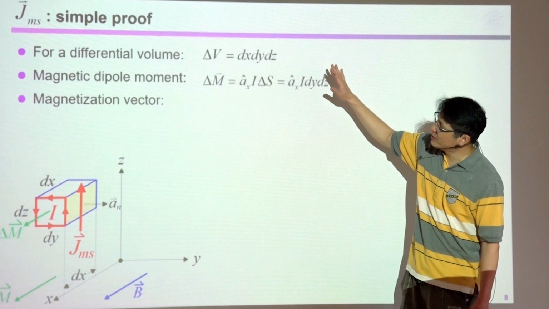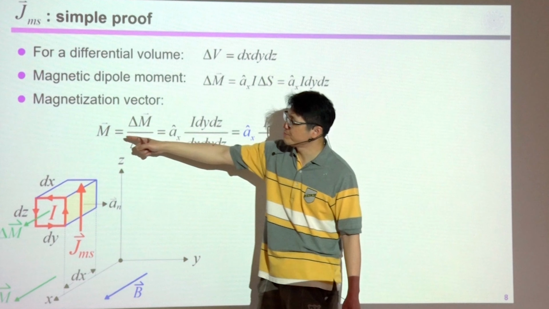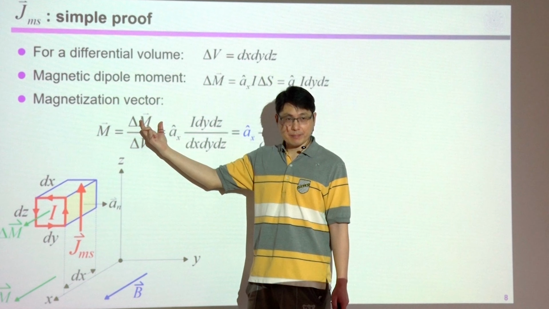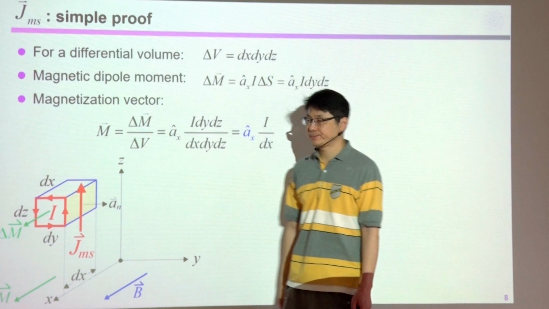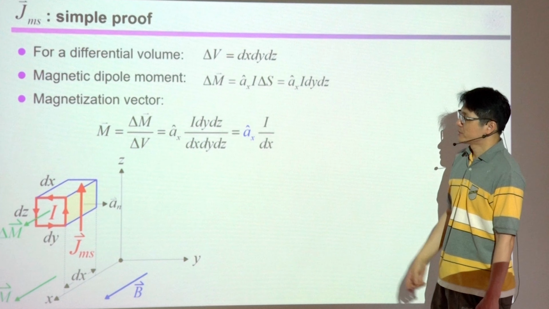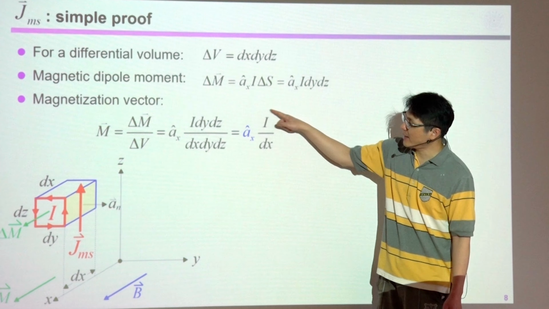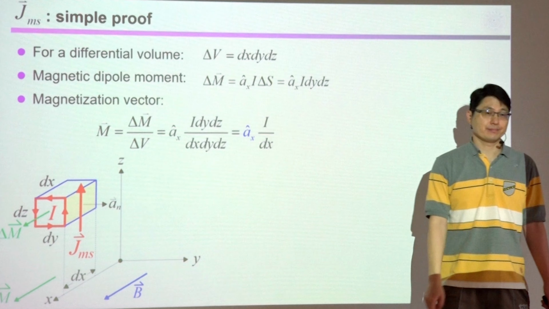So now we put this into the definition. The definition of magnetization vector is the total magnetic dipole moment divided by the differential volume. So this is pointing in the x direction and having the amount of I divided by dx.